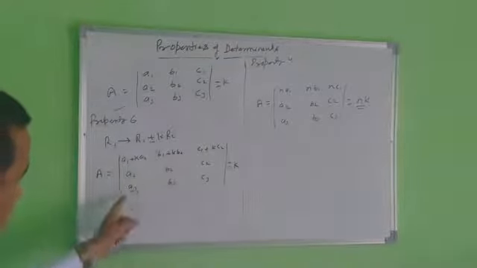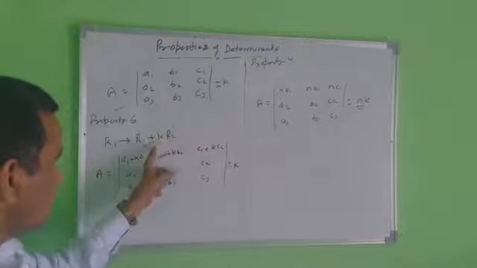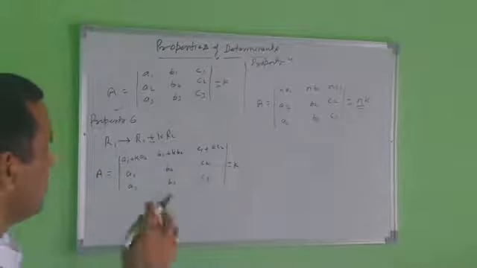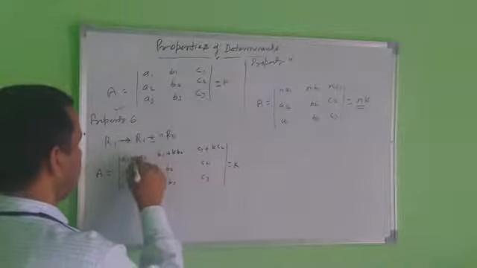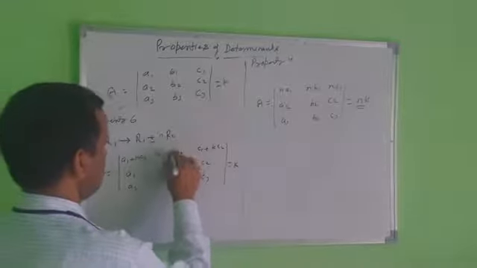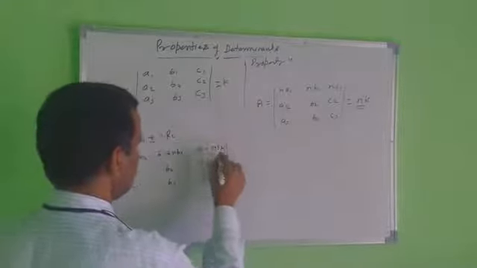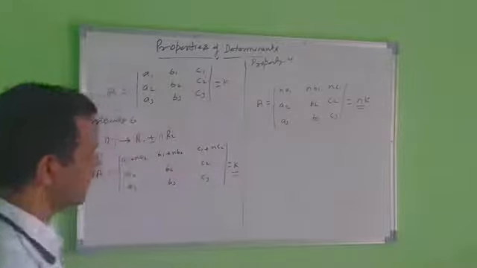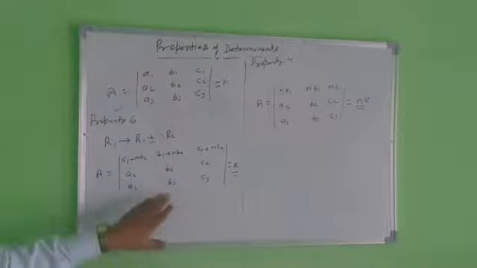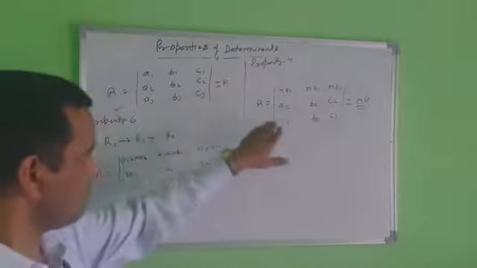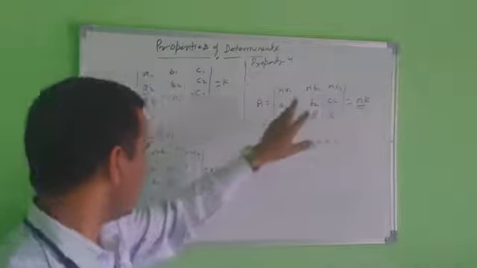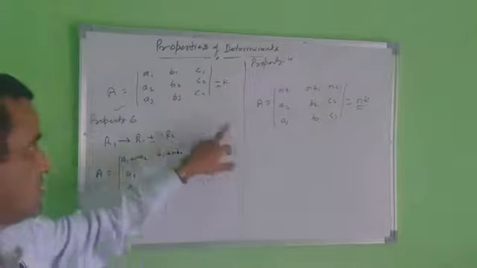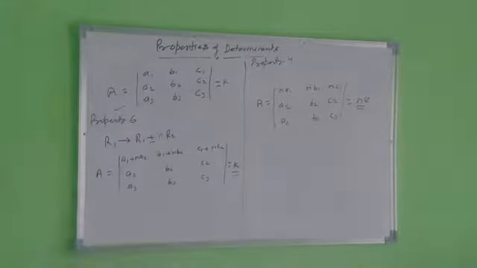After you multiply in this way, the value of the determinant does not change and the answer will come the same. This is the difference between property number 6 and property number 4. When you multiply a row directly, the answer becomes n K, but in the operation the answer remains the same. Yes, note down the next.